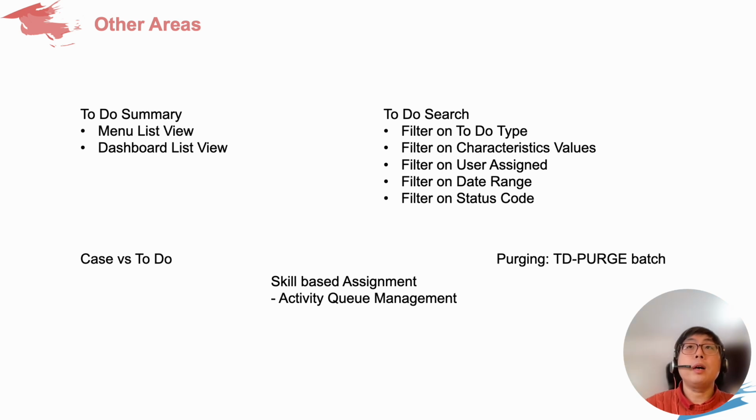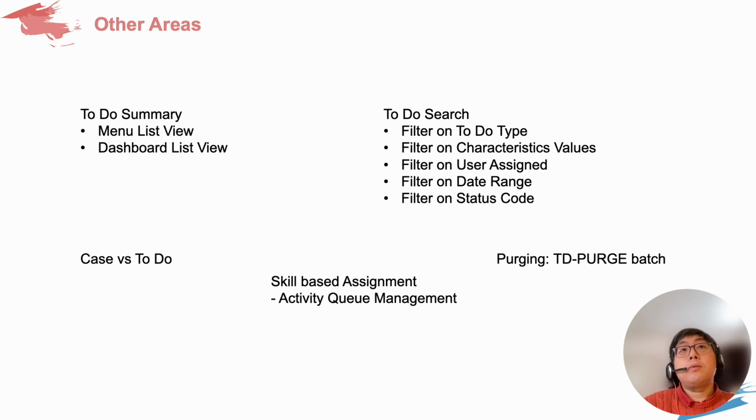And you can filter on, for example, to-do type, characteristic values, user assigned, the date range when it was raised, and the status code on the life cycle as well.